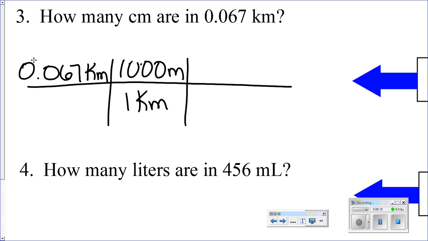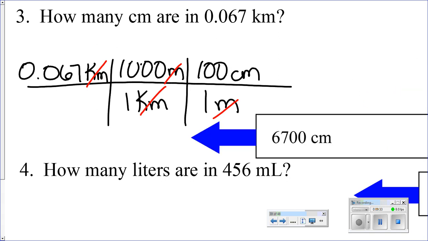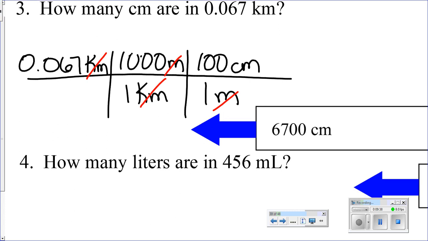And sometimes I like to kind of cross things off as I go along. So I chose that factor because kilometers is on the bottom, and it will allow that to cancel. To get my meters to go away, I put a meter on the bottom, and that's equivalent to 100 centimeters, which is what I want my answer to come out in. So I'm just multiplying straight across the top to get 6,700 centimeters.